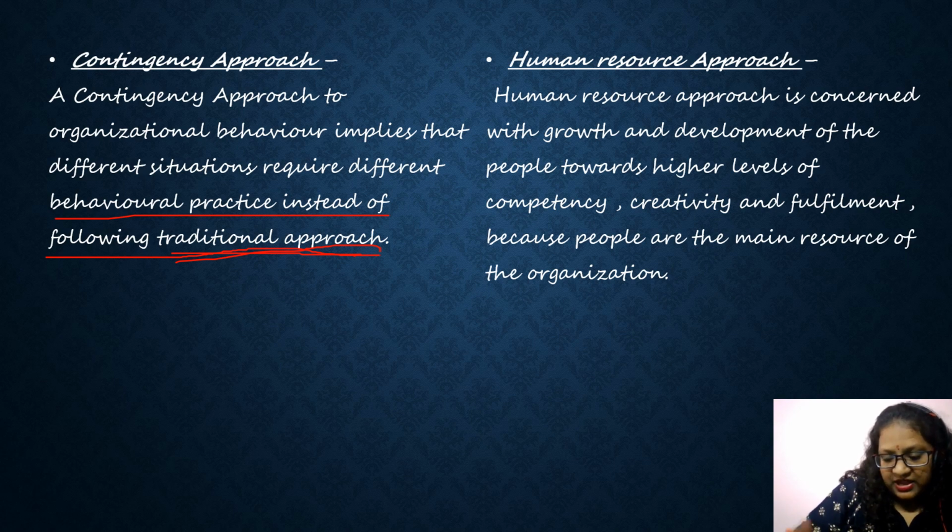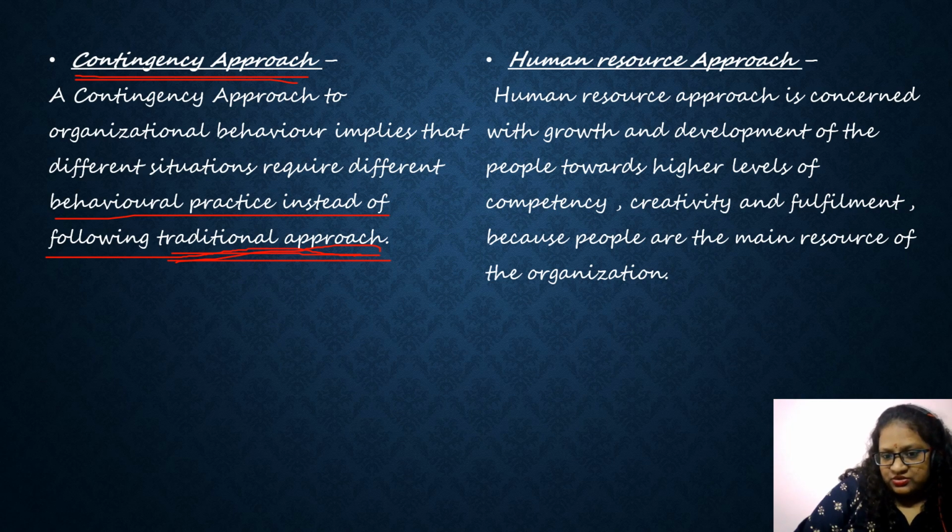If I am practicing the traditional approach of teaching, that would lead me to teach offline, which might not be as considerable. But when I move to the new modern practices, it leads to more approaches. So it's a contingent approach, when required, practices have to be changed instead of following the old traditional method.